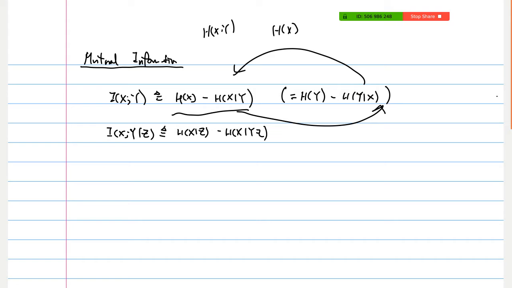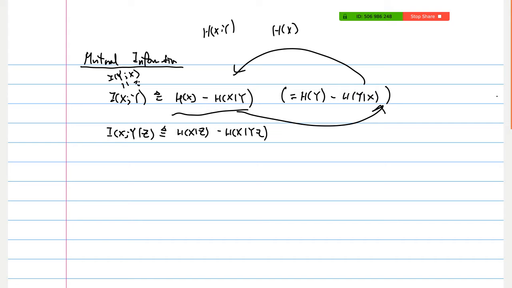And when you define it this way, it doesn't necessarily follow that I(X;Y) will be equal to I(Y;X), although it's obvious this will be equal to that, right?